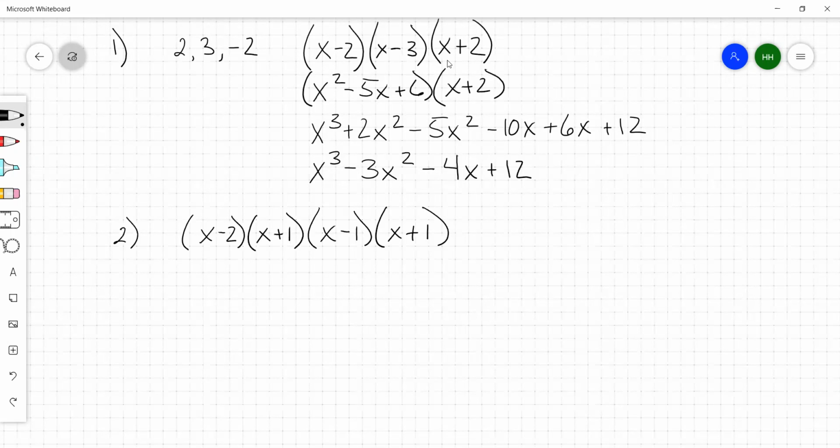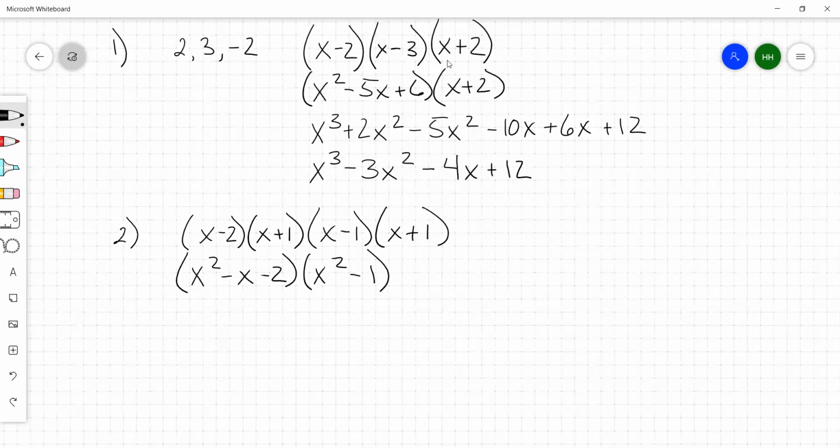The first two binomials would multiply to x squared minus x minus 2. The second two binomials would multiply to x squared minus 1. Your plus 1 and your minus 1 would eliminate each other in the middle.